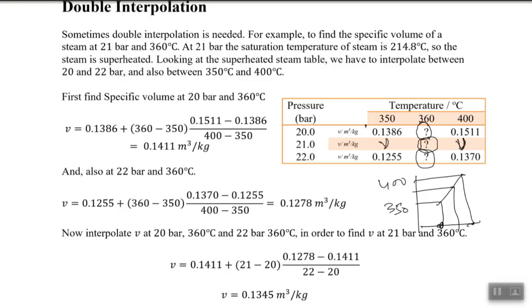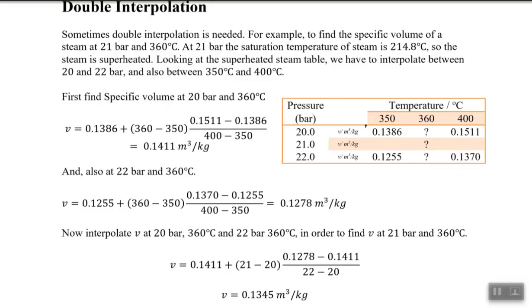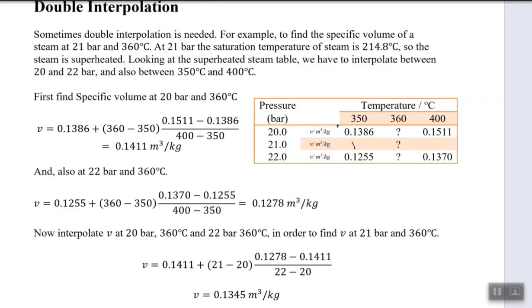I do not have any value written over here. So what I'm trying to say is either you need to find out the volume at this point, and then interpolate between those two values, or you need to find out the volume at this point and this point, and then interpolate between those two values.